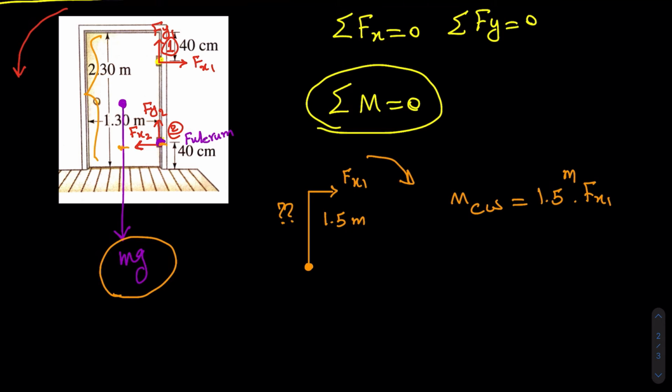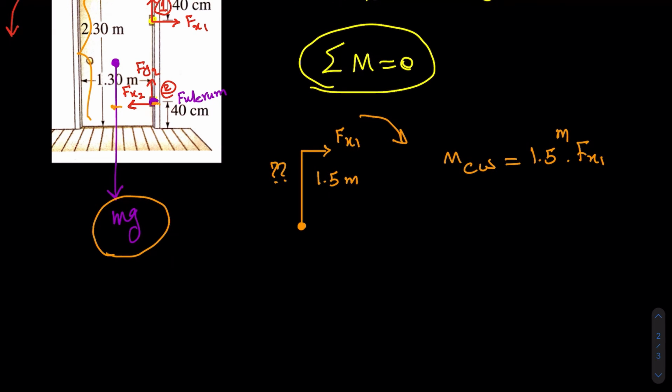To calculate this distance, we take the width and divide it by 2: 1.3 meters divided by 2 gives 0.65 meters.